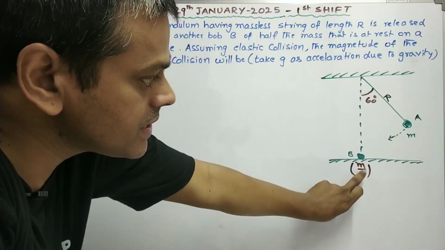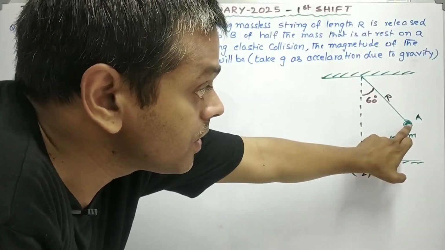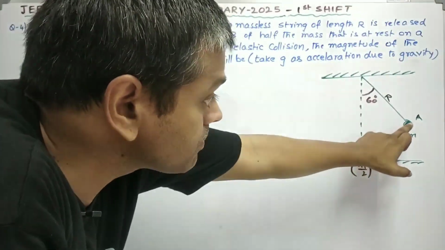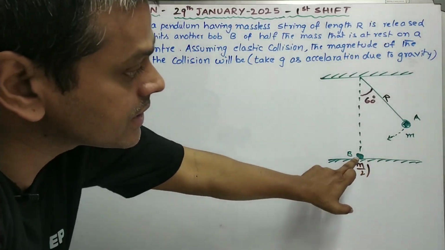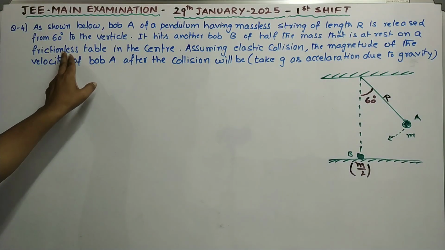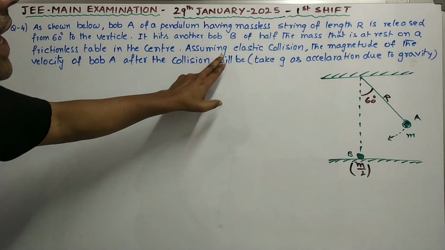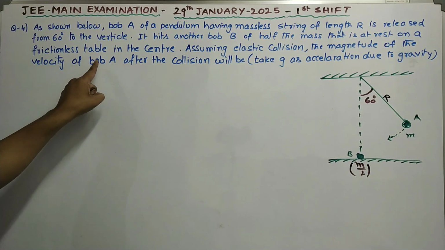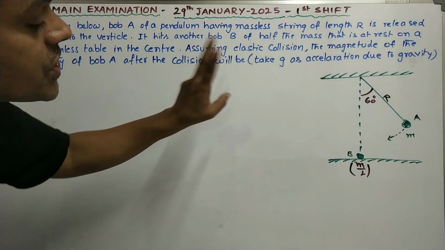Actually, this is the bob; its mass is half the mass of bob A, and it is at rest, lying on a frictionless table in the center. Assuming this is an elastic collision, the magnitude of the velocity of bob A after the collision will be.